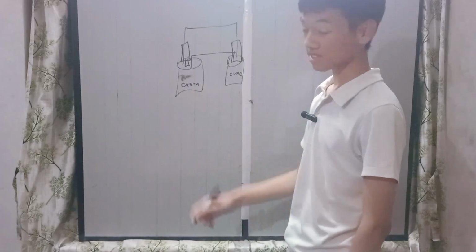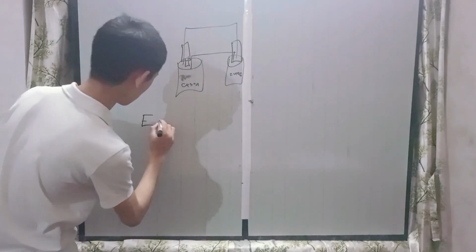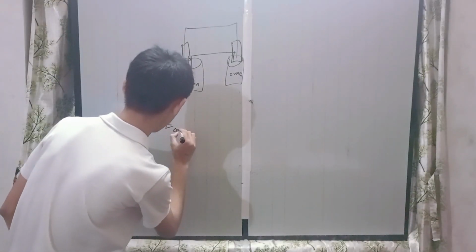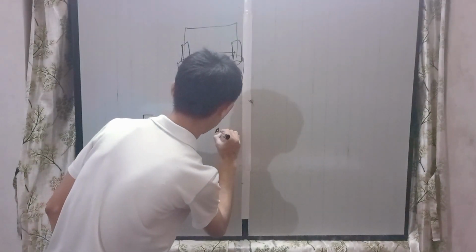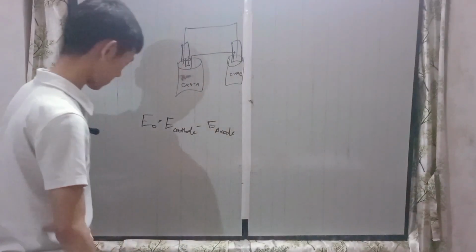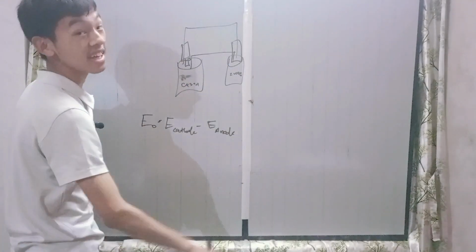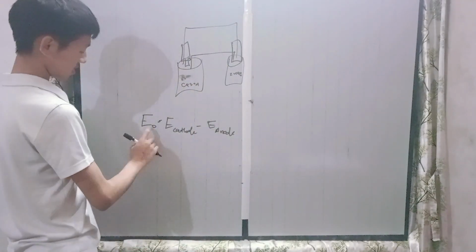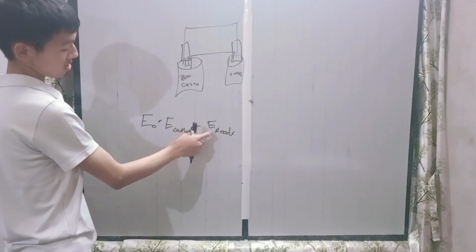So we can find this EMF by using the formula E naught is equal to E cathode minus E anode. We can find the total EMF of this galvanic cell using this formula: E naught is equal to E naught cathode minus E naught anode.